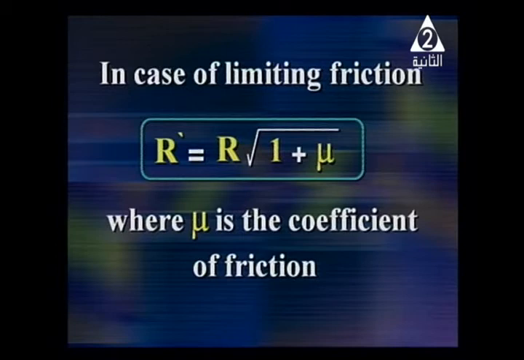Its symbol is mu k, representing the coefficient of kinetic friction. In this case, R dash equals R. What is R dash? The resultant force. What is R? The normal reaction, which we can represent by N. In this case, R dash equals R times the square root of 1 plus mu squared.